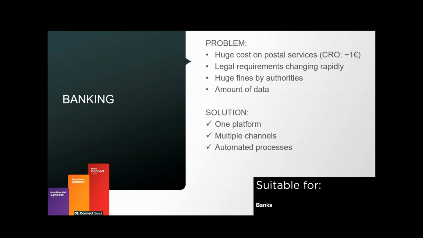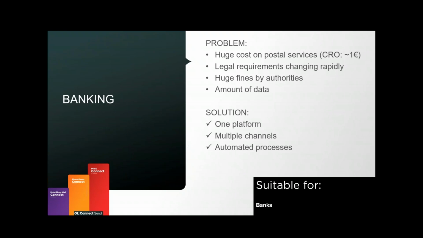The next issue is the amount of data which banks have. GDPR and the recent changes made slight changes with that, because they're not storing all possible data anymore. They're storing only what's necessary, at least that's what they told me. But still, their amount of data is huge.